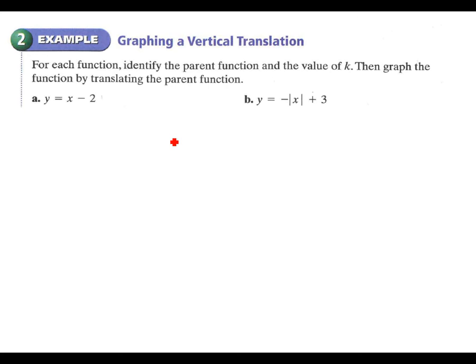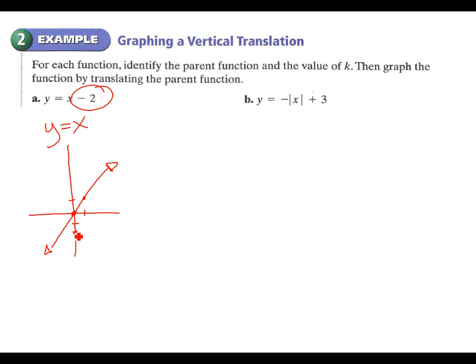All right, so let's take a look at our example, and if we know our parent functions. So I'm going to start with a parent function of y equals x. I know that y equals x should have an intercept of 0, up 1 over 1. It's a 45-degree line like that. So now, what's my translation going to be? Down 2. So from my first point, I'm going to go down 2.